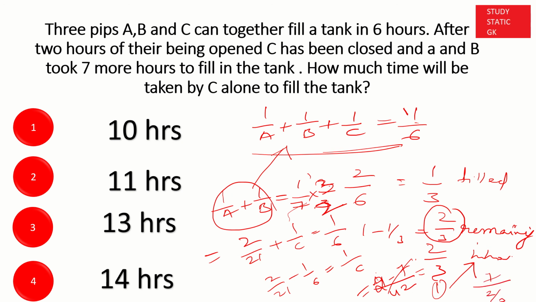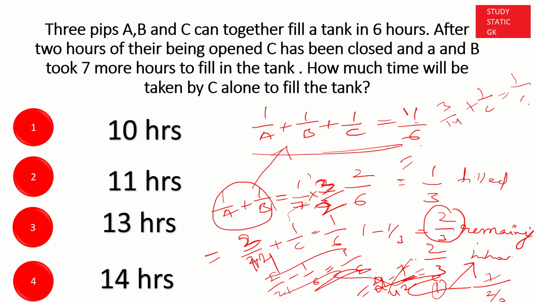So 7 into 3 by 2, it will become 3 by 14. Right? So forget about this thing, everything. Okay, here 3 by 14 plus 1 by C is equal to 1 by 6.